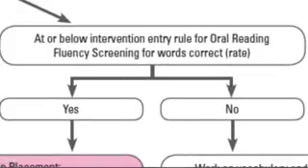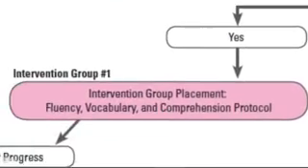For students who are showing need in rate but not accuracy, that screening profile best indicates a match in intervention in a protocol that combines instruction in fluency, vocabulary, and comprehension. As always, we would monitor the group of students and individual students, paying close attention to measures of rate to ensure the intervention is accelerating the progress of those students.